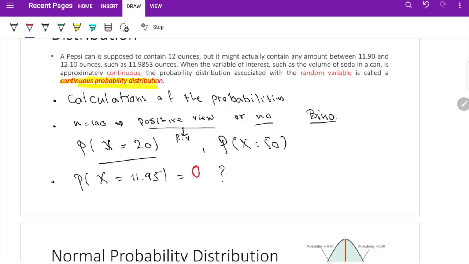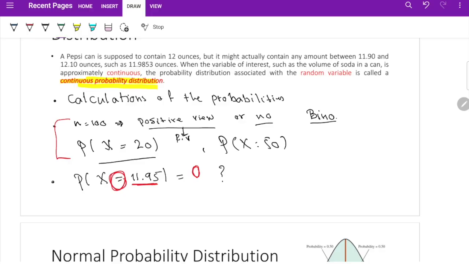There's no chance that we'll find a can that contains that very specific number, because we're talking about a continuous variable, because we have uncountably infinite numbers of possible outcomes of that random variable. So you'll never have this exact number, 11.95. So when you have a continuous probability distribution, you cannot ask what is the probability that x is equal to a number. You can do this when you have a discrete probability distribution, but when you have a continuous probability distribution, you cannot do this.